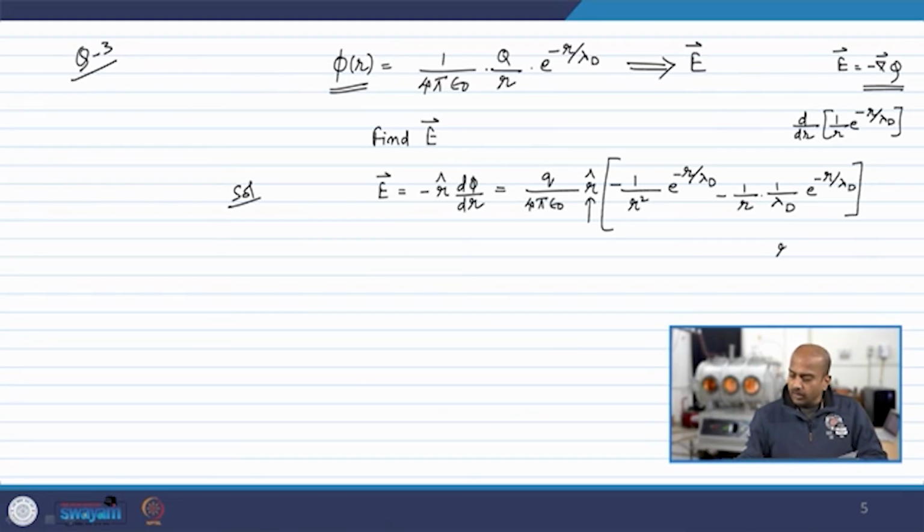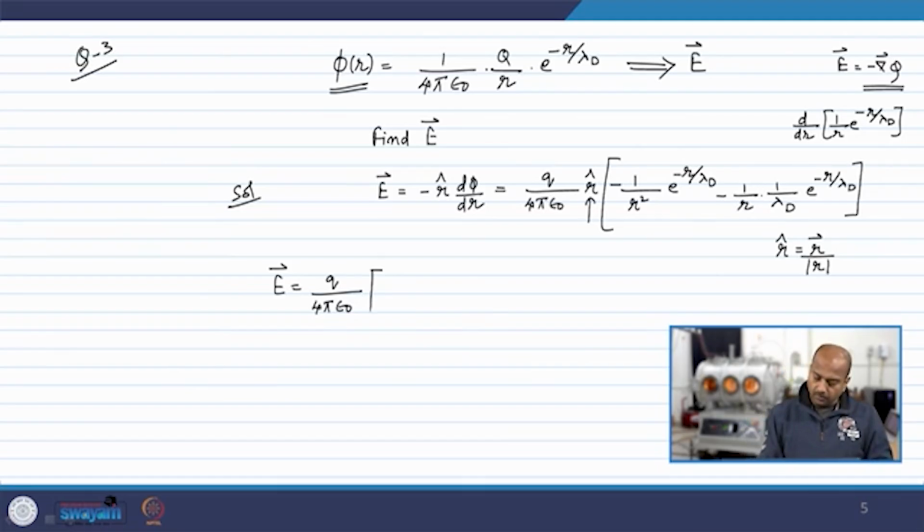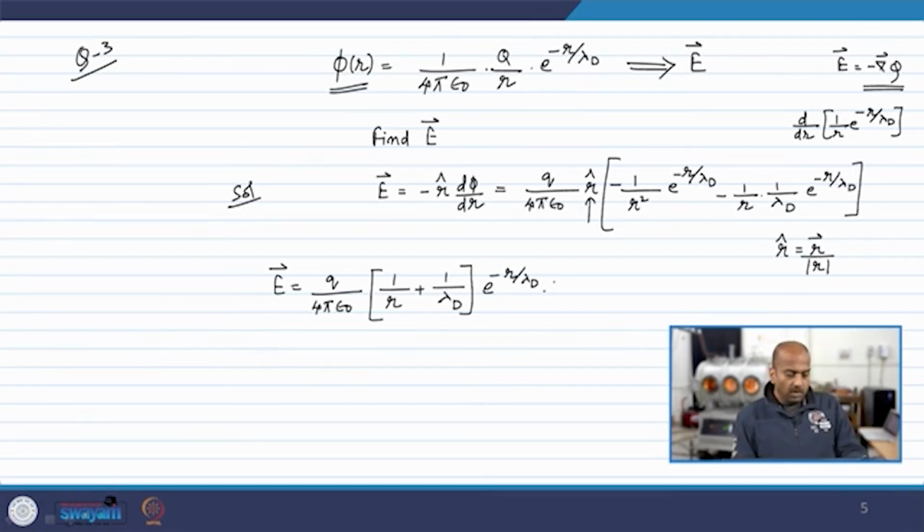So, using the fact that r cap is r by mod r, we can write the electric field as q by 4 pi epsilon naught, (1 by r plus 1 by lambda d) e to the power of minus r by lambda d multiplied by r cap by r square.